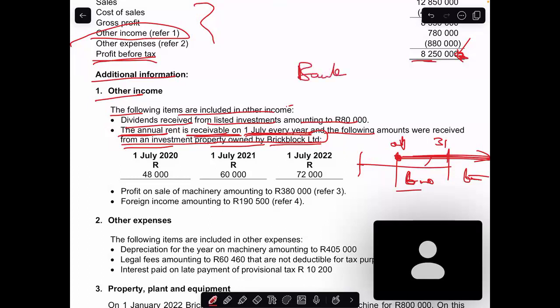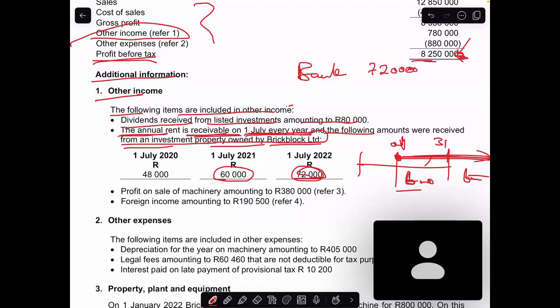Our year end is 31 December 2022. We received 72,000. We are going to debit 72,000.